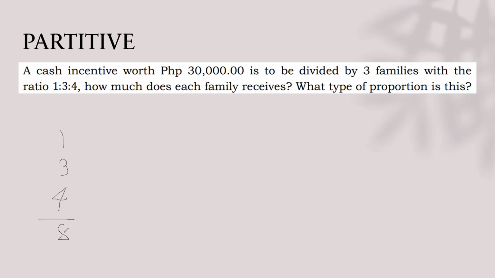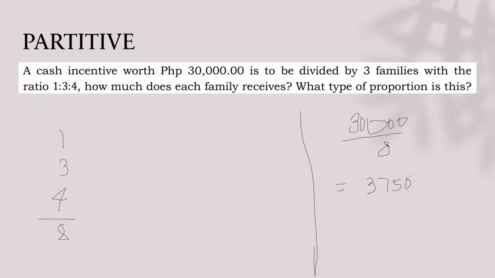Ibig sabihin, ang 30,000 ay hahatiin natin sa 8 bahagi. So magkano ang isang bahagi niyan? That's 30,000 divided by 8. So ang isang bahagi ay nagkakahalaga ng 3,750.